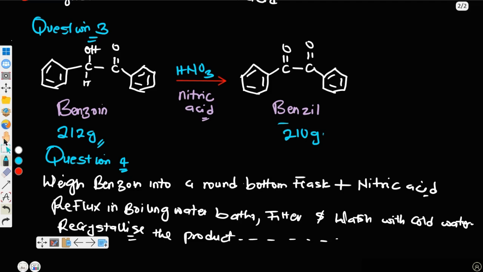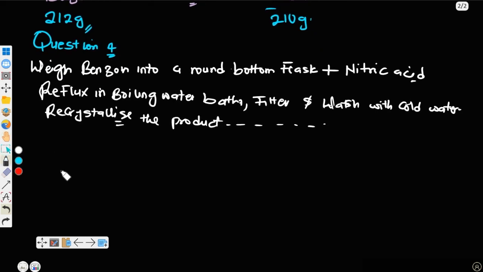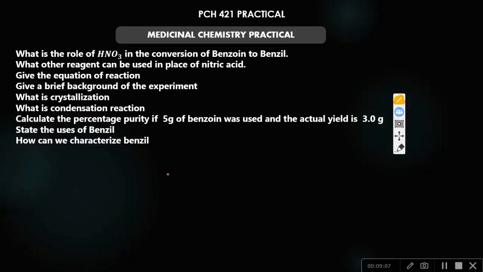Very correct. So we can say that 212 gram of benzoin will give us 210 gram of benzil. Therefore, 5 gram, because if you check the question, it told you that 5 gram of benzoin was used.